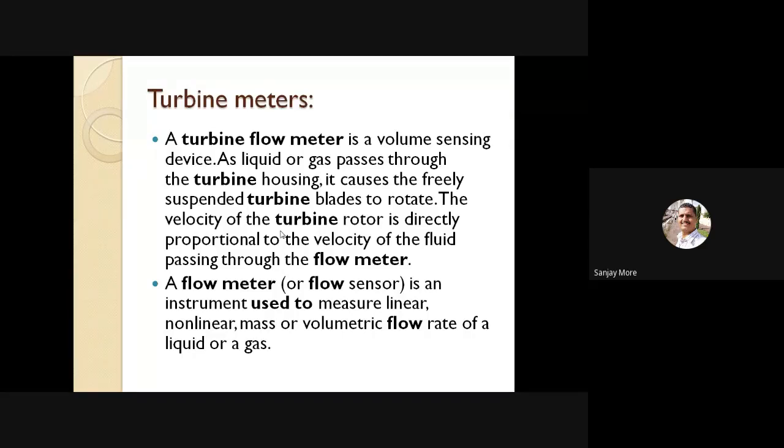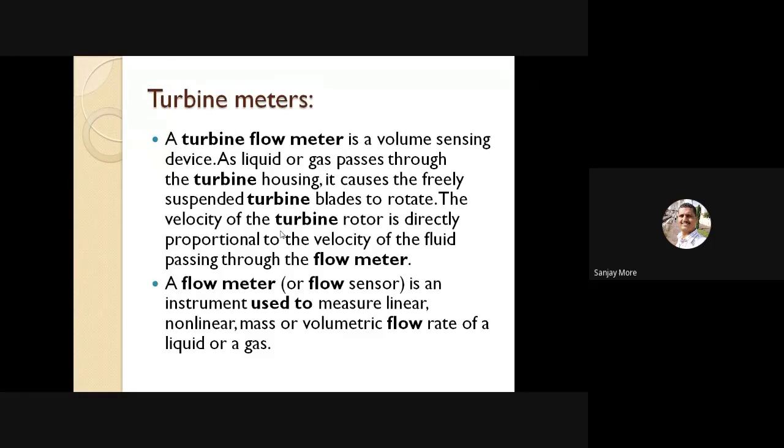So a turbine is a device where a number of blades are connected, and they are used to convert rotational energy or angular flow to produce electricity or generate electric current.